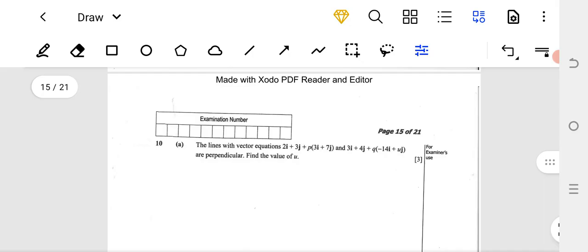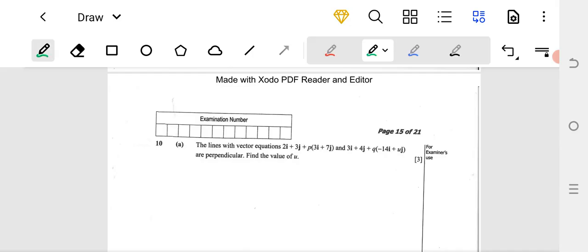Now we're going to go to question 10. Question 10 reads, the lines with vector equations 2i plus 3j plus p multiplied by 3i plus 7j and 3i plus 4j plus q multiplied by negative 14i plus uj are perpendicular.